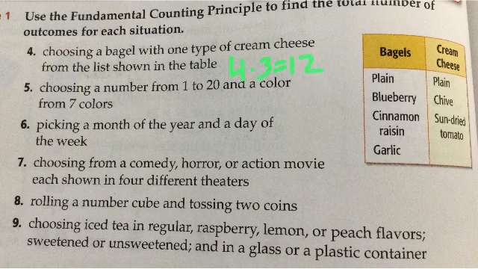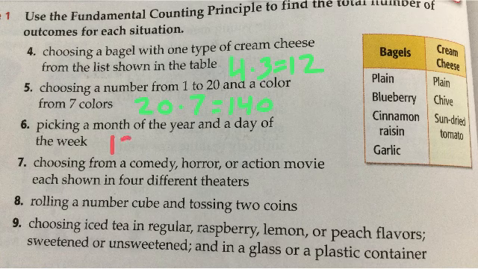Okay, number 5. Choosing a number from 1 to 20 and a color from 7 different colors. So how many different outcomes does this have? 140. It would be 20 times 7, which is 140. You've got 20 numbers and 7 colors. Picking a month of the year and a day of the week. How many different outcomes?